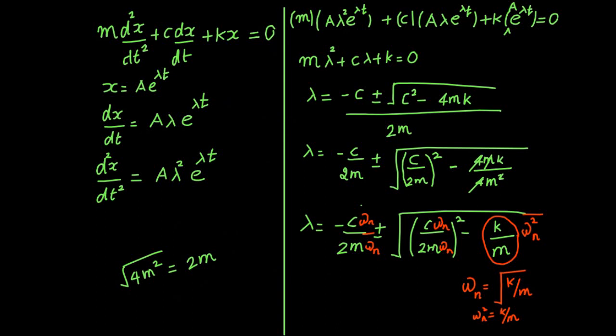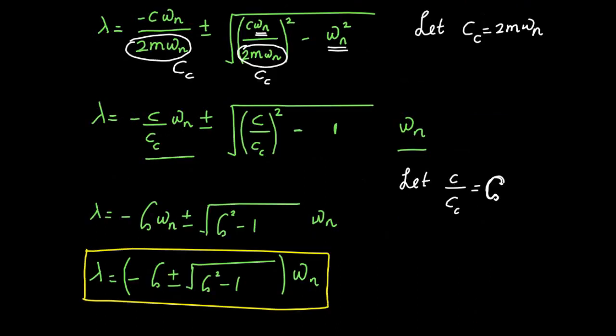So now you are ending up with two values of lambda. So I want to aim at a very general solution. So I will say x is a1 into e power lambda 1t plus a2 into e power lambda 2t. Because I have two values of lambda, I am adding the two.